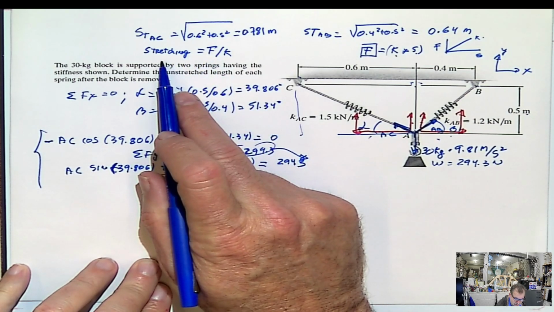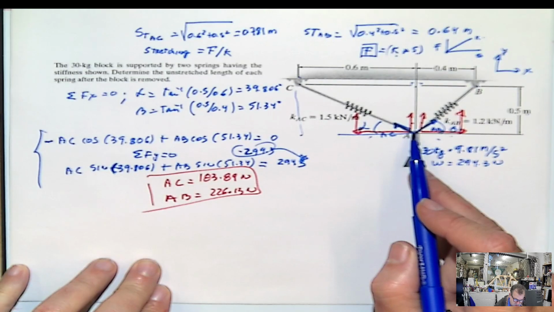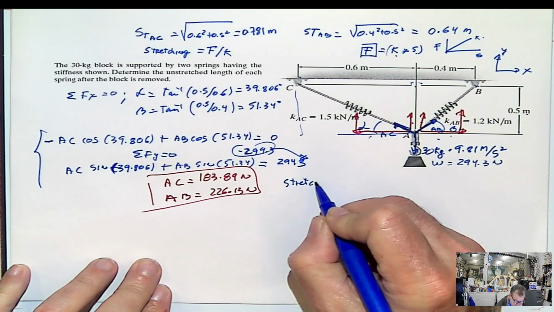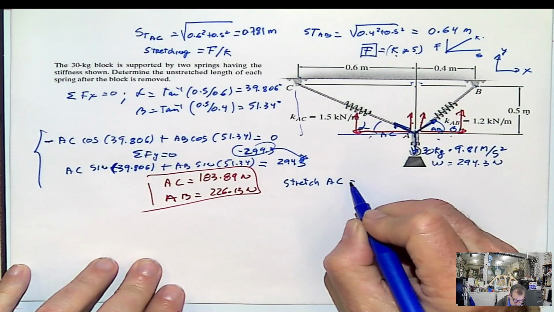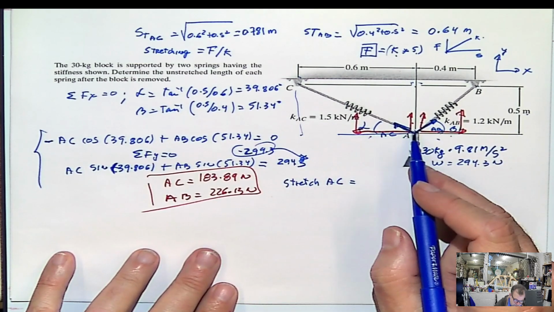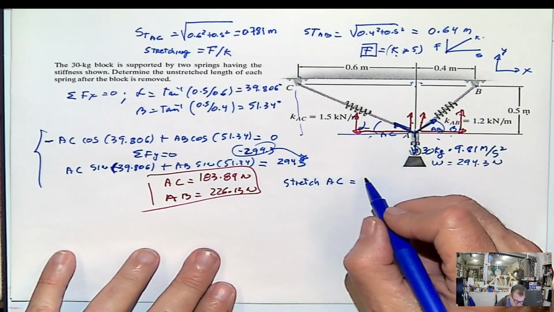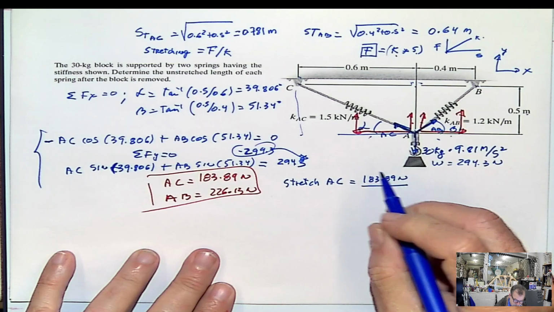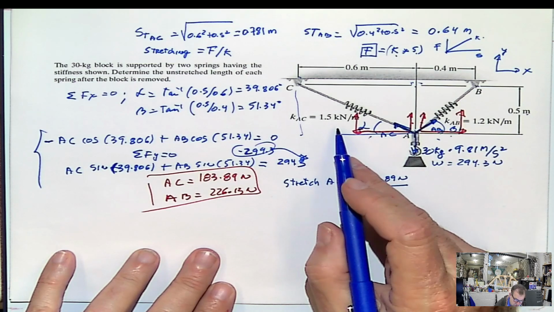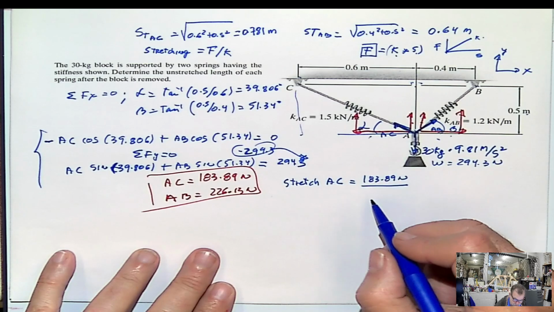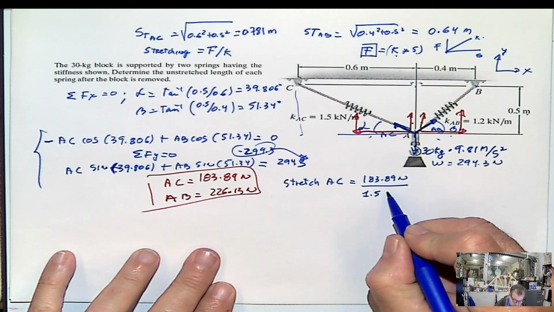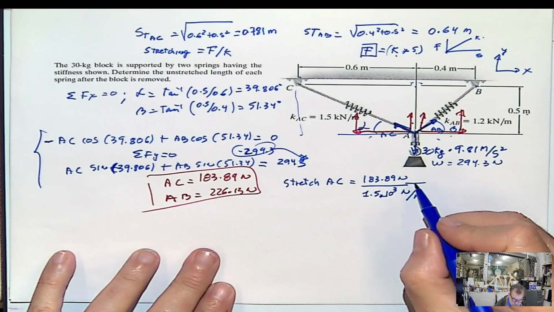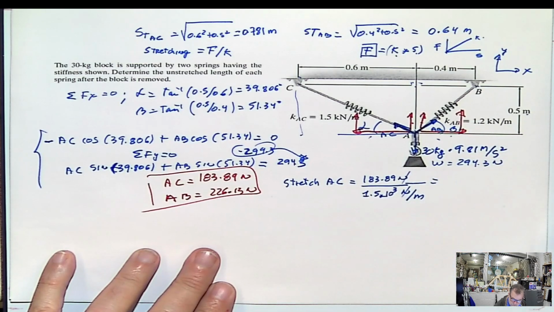If I need to know the stretching of the spring AC, it will be what? It will be the force, 183.89 newtons divided by the constant. Now this constant is in kilonewton. Remember, 1.5 times 10 to the third newton per meter. This and this cancel out, passes to the top.